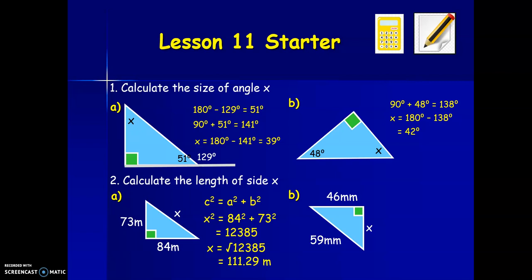If we look at example B, across from the right angle we have 59 millimetres, so we know the hypotenuse, so X is one of the shorter sides, which means we use the subtract version of Pythagoras. Filling in our values, X squared is 59 squared take away 46 squared. That's 1,365. If we square root that answer, then we get 36.95 millimetres for the length of X.